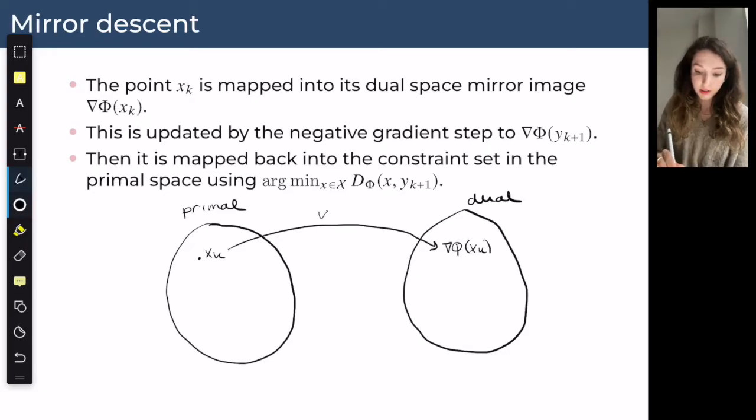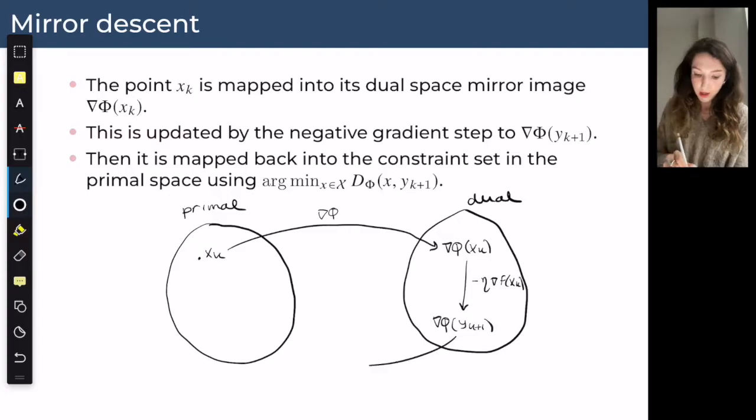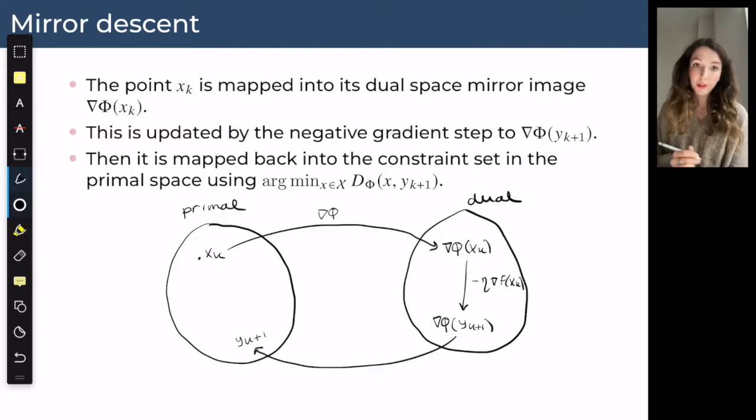So this mapping is done using the gradient of phi. In this dual space is where we update gradient phi of xk using the negative gradient, and we get this gradient phi of yk plus 1, which is the way we defined it. This is then mapped back into our primal space to obtain yk plus 1.